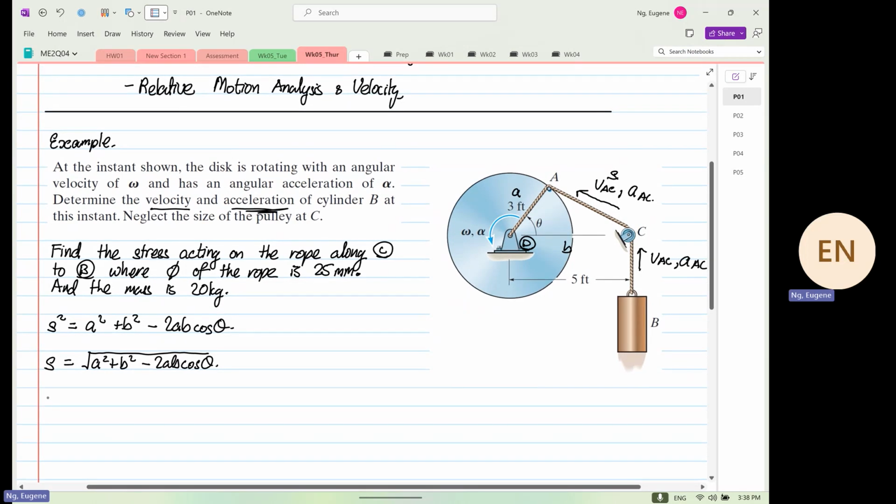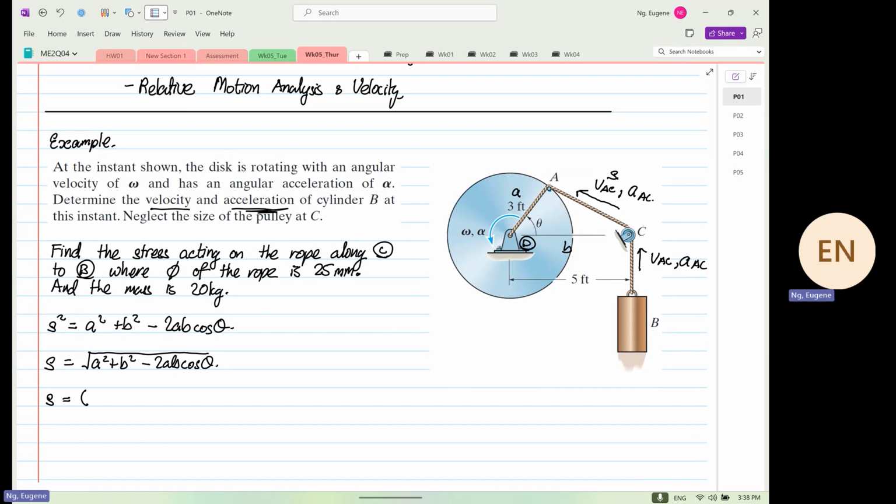Okay, so this is S. So this is our A squared is equal to 3 squared plus B, 5 squared, minus 2 multiplied by 3 multiplied by 5, and then we have a cos theta, the whole thing close bracket, and then we power it by half.